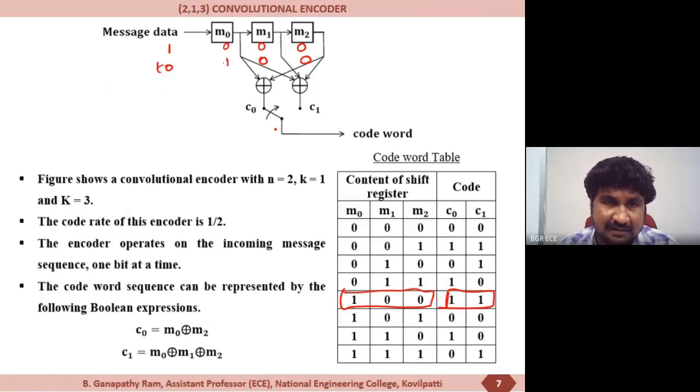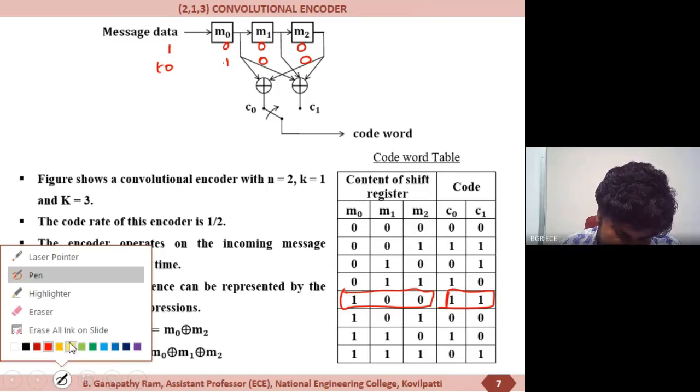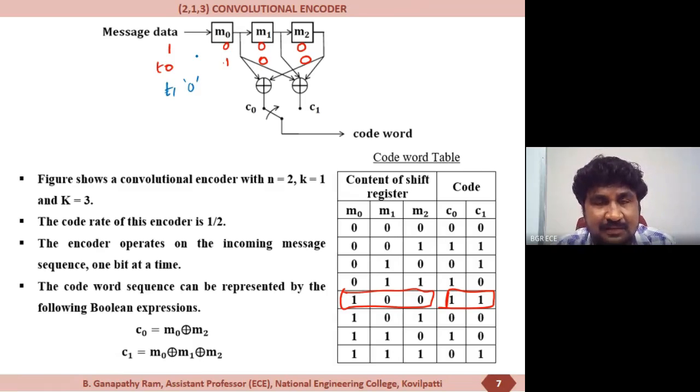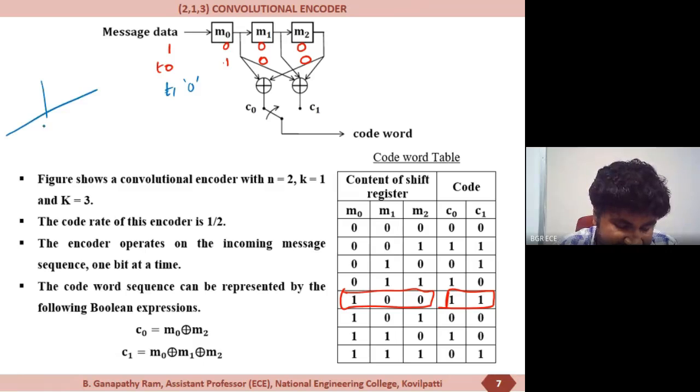Then at time t1, the input 0 is applied, because for an impulse function, at time t equal to 0 the value of the signal is 1, and in all other periods it will be 0. We are assuming this as t0.